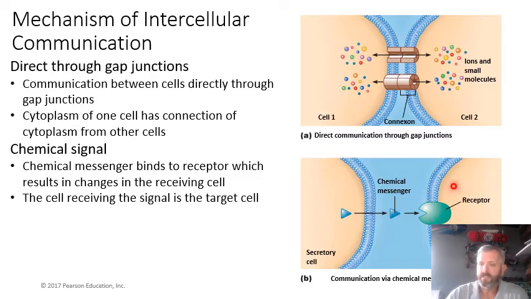For a cell to receive that message, it has to have a receptor. So we need those three components. We need a cell that releases a chemical, but the cell that is responding or listening to the signal has to have a receptor. That is the way the cell listens to what's going on. Again, we're going to spend most of our time looking at chemical messaging.